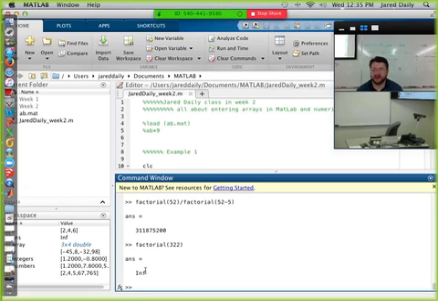Now, there are 2 ways to calculate combinations. There is another function called the nchoosek function. The nchoosek function essentially calculates how many different ways you can get a 5-card hand from a deck of 52 cards. And all you have to do is type in 52 and 5, and you're good to go.